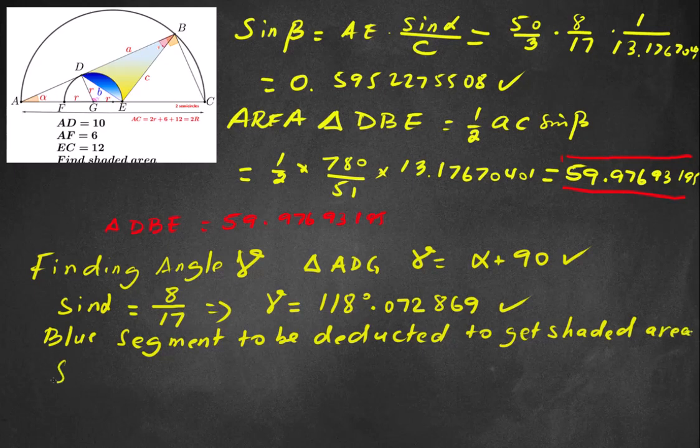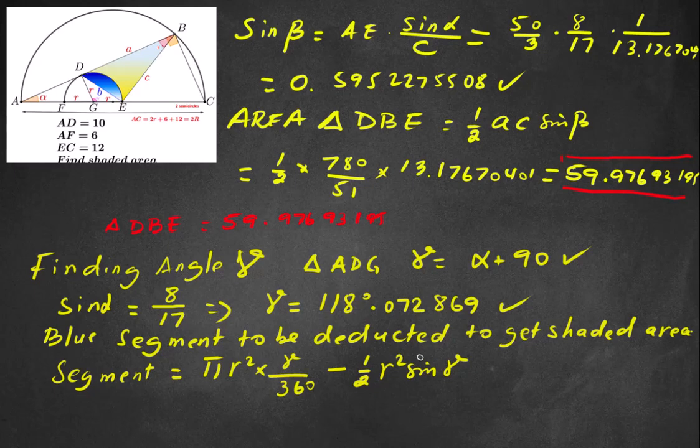So the segment is equal to the area of the sector, pi r squared times the angle, 118.074869 over 360, minus the area of the triangle, 1/2 r r sine gamma.